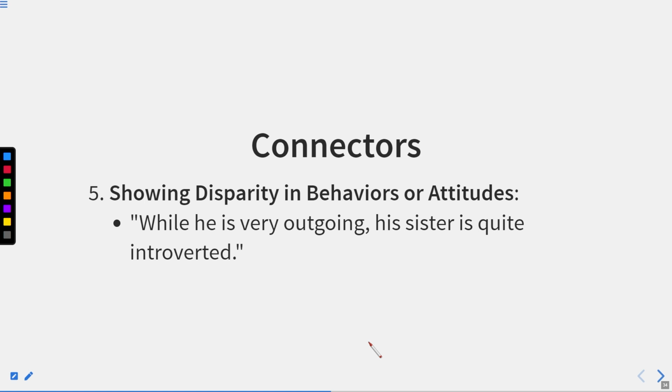Now, showing disparity in behaviors or attitudes. While he is very outgoing, his sister is quite introverted. So in the same house, there are two siblings, one is a brother and another one is a sister.